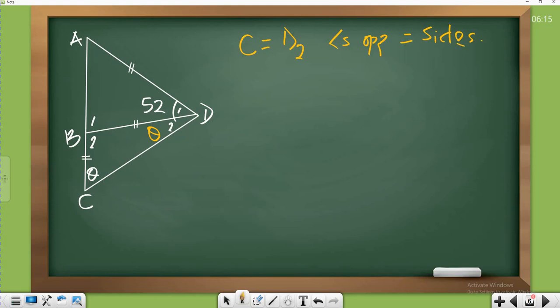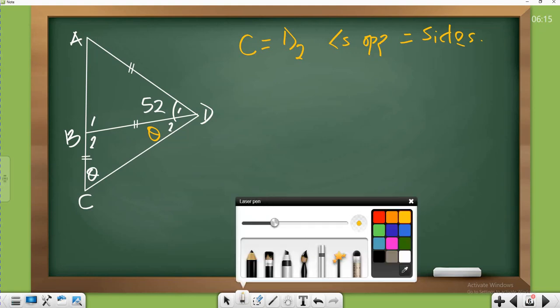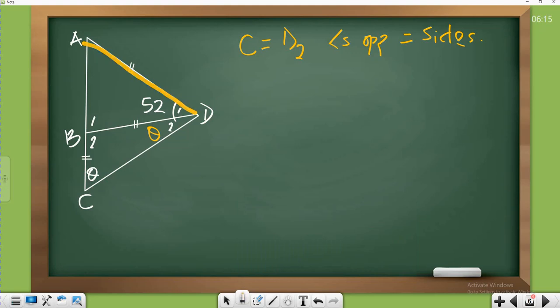Now, I haven't said that. Let's see. What is the meaning of this 52? Wait, I'm seeing something else. The side is also equal to the side. Oh my word. So then it means that, check this, if the side and the side are equal, let's check something.